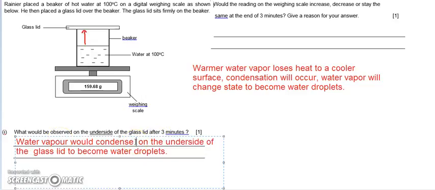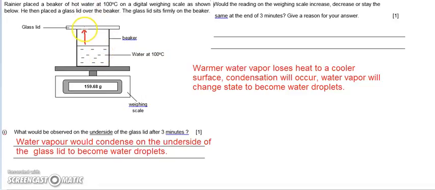Okay, next one. Would the reading on the weighing scale increase, decrease, or stay the same? Now, just imagine water here evaporating because it's hot, and then it becomes water vapor, but the water vapor still remains within the beaker.